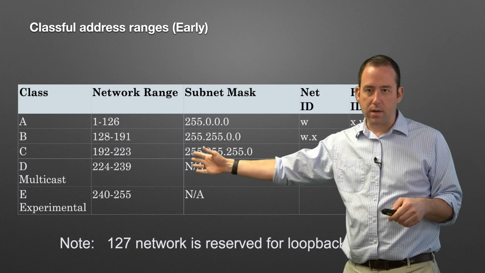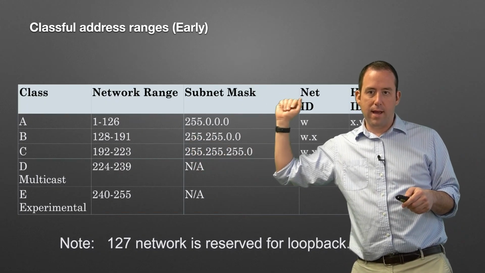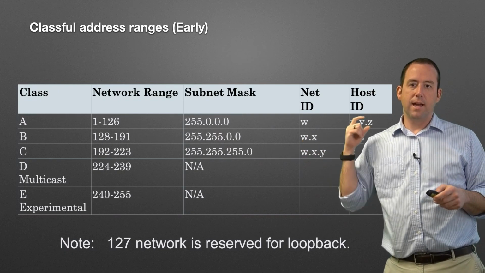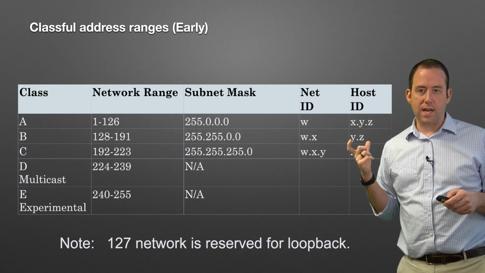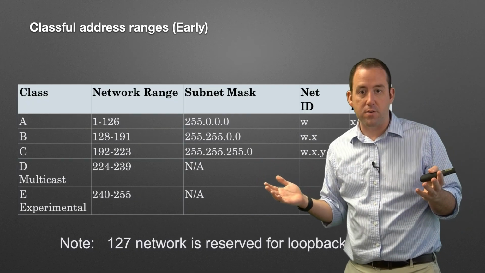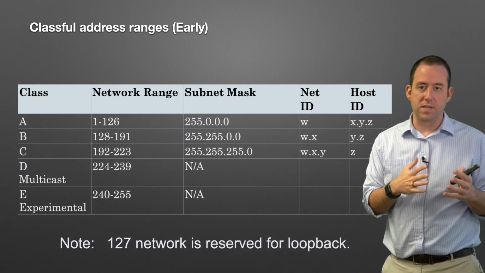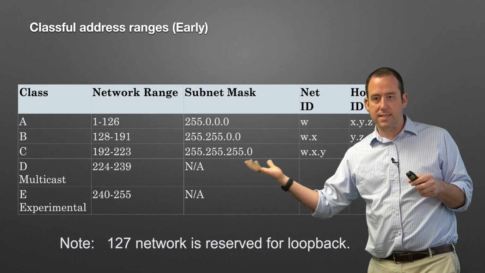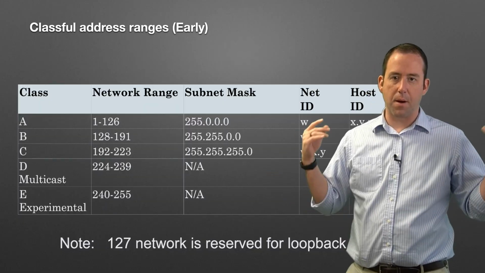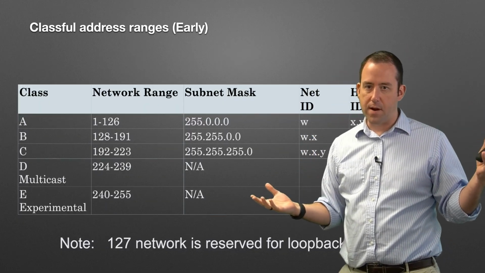Great. Then we took 128 to 191 and made those Class B networks. So there were 2 bytes for network IDs and 2 bytes for the host ID, which meant that there were roughly 65,535 hosts possible on those networks. And then finally, the Class C were the last ones that were reserved for handing out to companies for use on their networks.